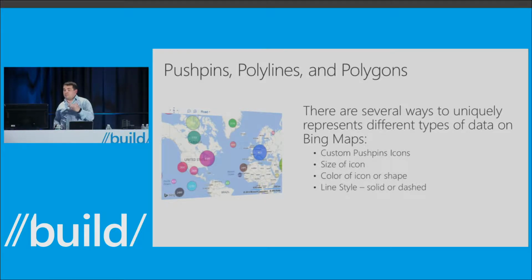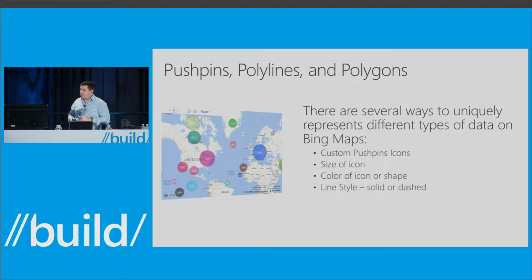Now, when it comes to visualizing that data using these different shapes, there are some cool techniques you can use to make better sense of that data. Having a simple icon is nice, but you might want to have different types of icons or custom icons that are unique to a situation. So if you're showing your customers on a map, you could show the logo of their company on the map instead of just a generic push pin.